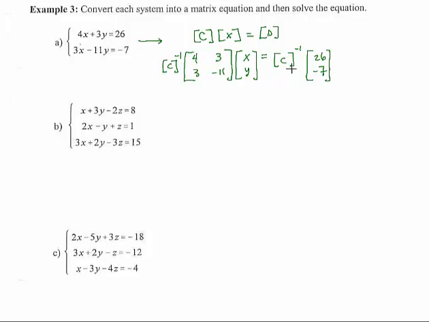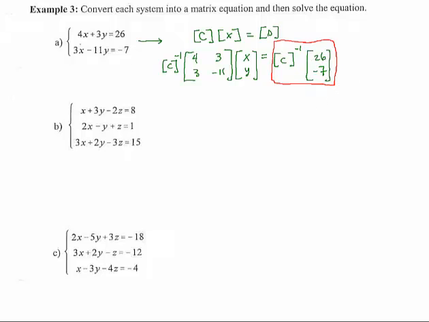Matrices are not commutative in most cases, so make sure you put the inverse of the coefficient matrix on the left side of the constant matrix, the D matrix. This is our answer. This is all we want to do with our calculator. We want to put C in the calculator. We want to take C inverse and multiply it by this matrix D, 26 over negative 7.